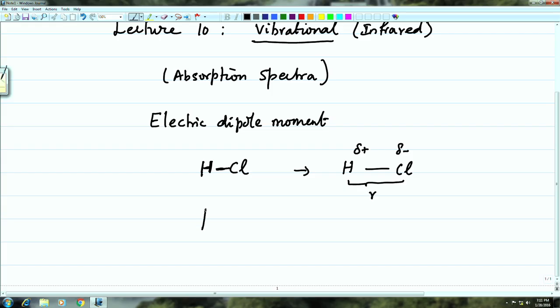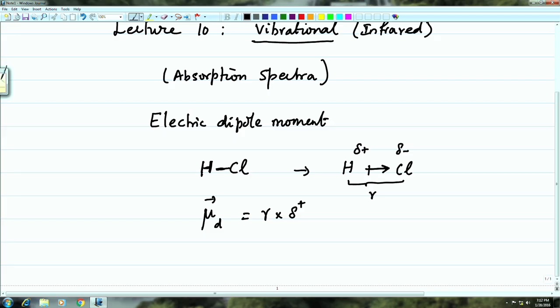So, the mu d, as it is written with a vector notation, the dipole moment is a vector, and here the charge distribution is from the positive to the negative center, the charge direction, and the dipole moment points in this direction, and it is given by the bond distance times delta plus.